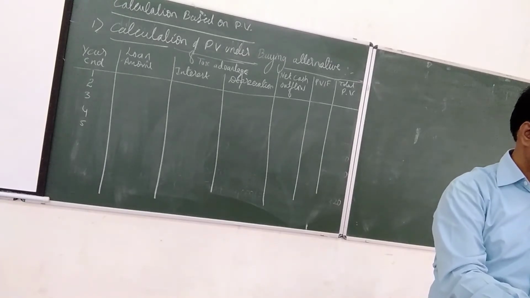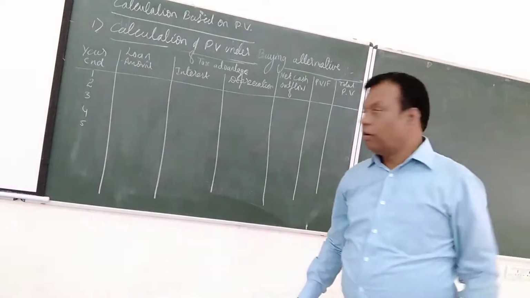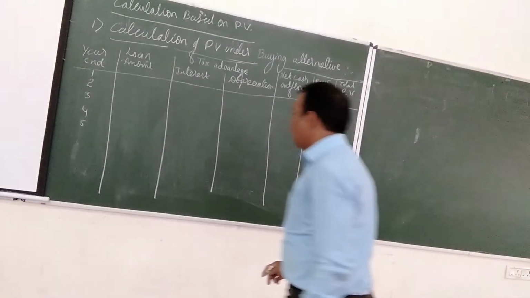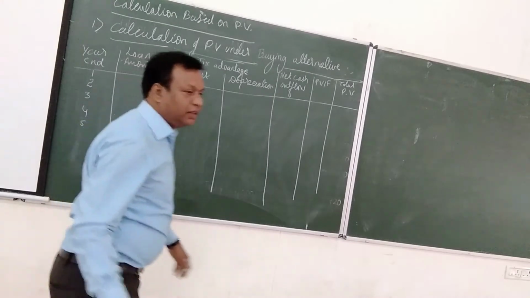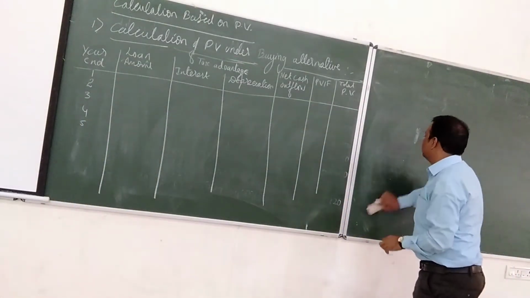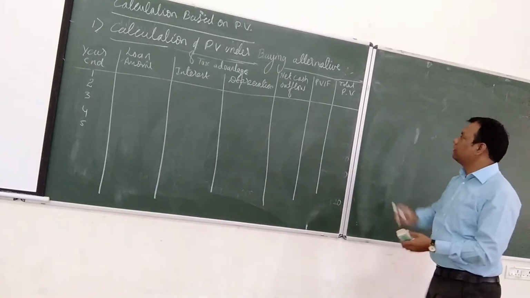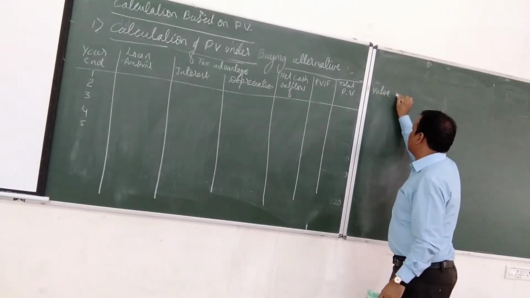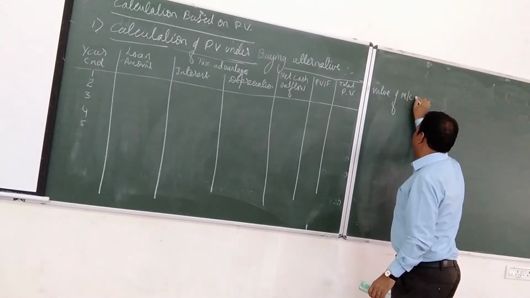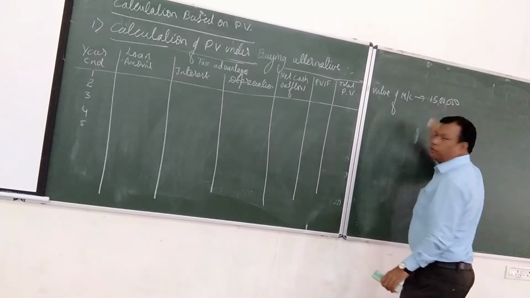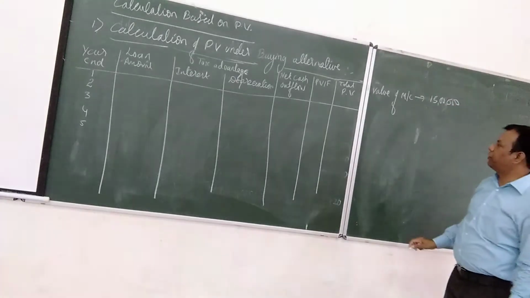Yes, very good. 5,01,505. How do we get the 5,01,505? I'll go with the calculation here. What is the total value of the machinery? The value of the machine is 15 lakhs.